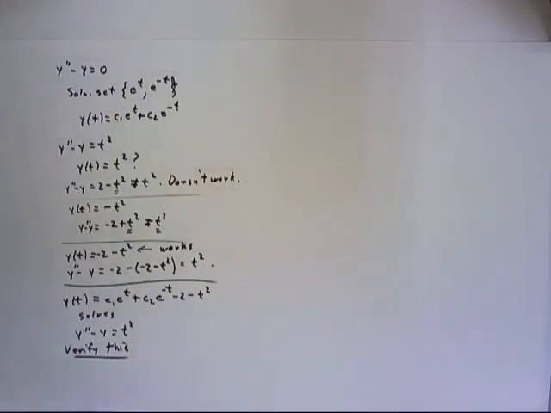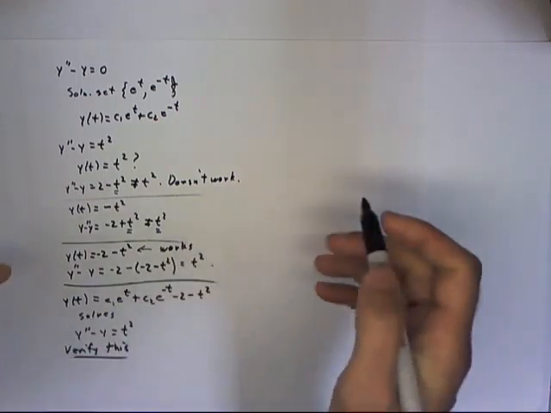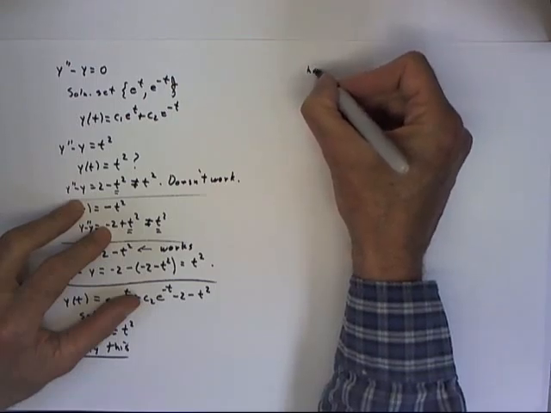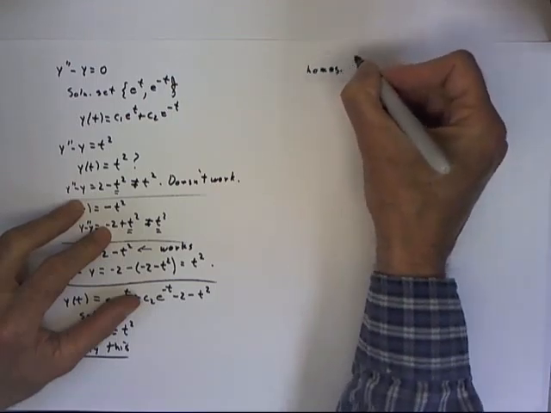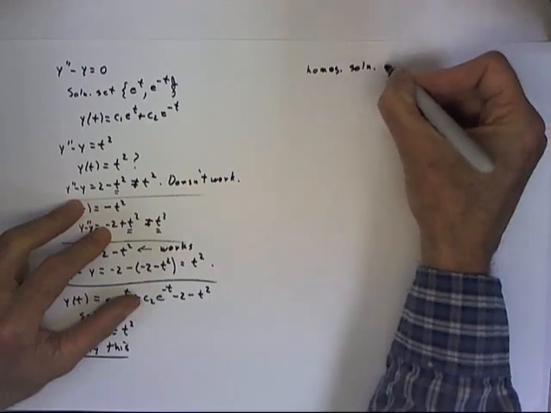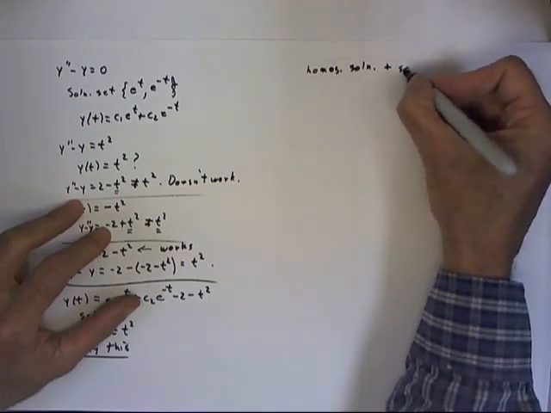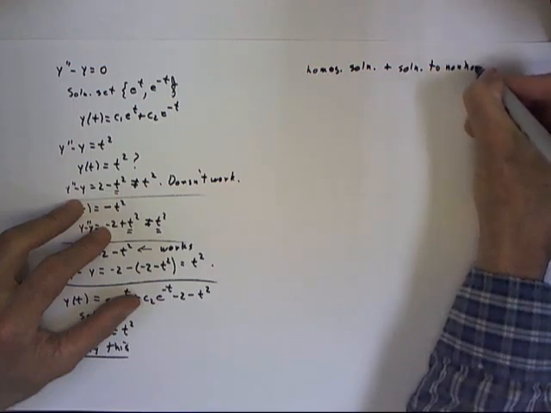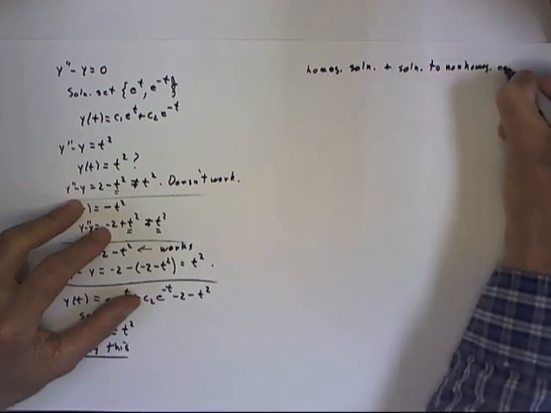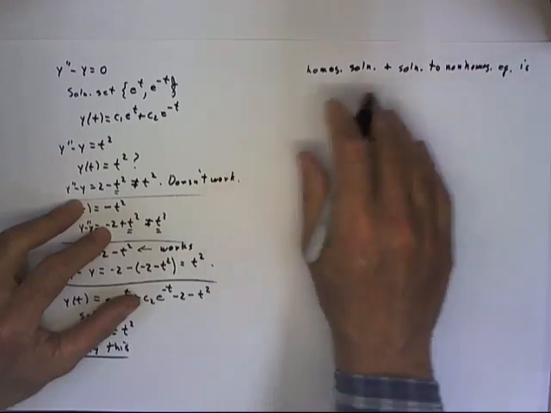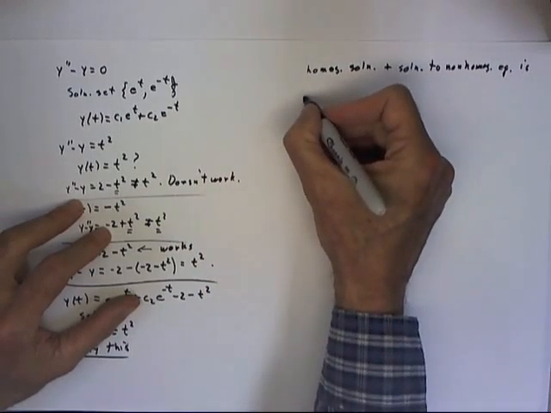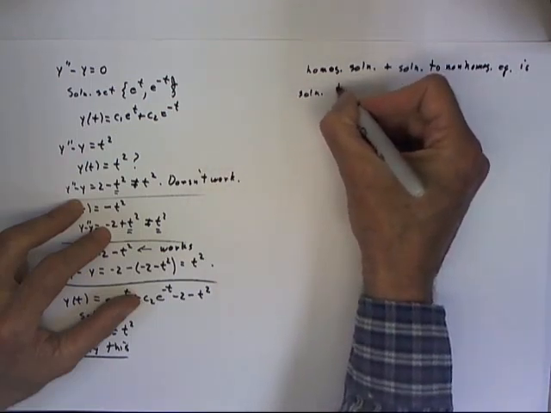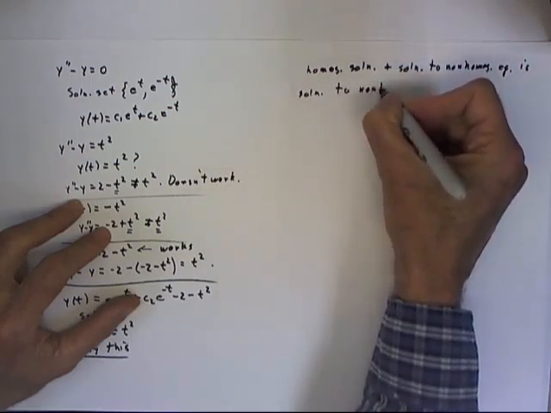So we can say more generally that a solution to the homogeneous equation gives us a solution to the non-homogeneous equation.